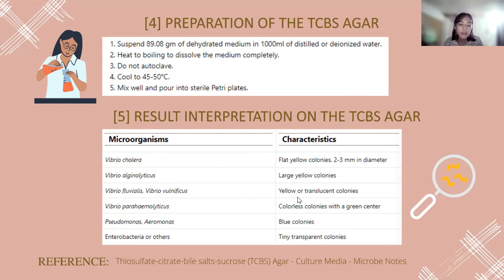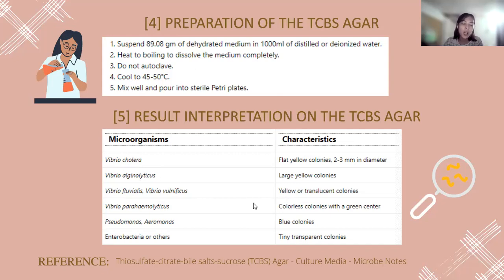Thus, it is advisable that we perform further biochemical tests in order to identify the microorganism to the specific species level. Okay, so we can say that it is Vibrio cholerae, Vibrio alginolyticus, and so on.